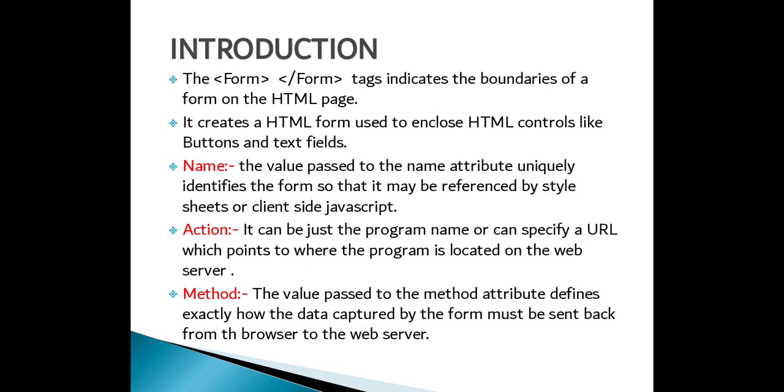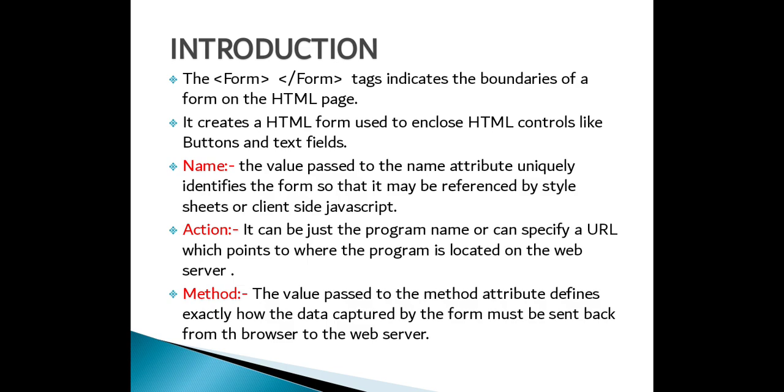Some of the attributes which can be used in forms are name, meaning the value passed to the name attribute uniquely identifies the form, so that it may be referenced by a style sheet or client-side JavaScript. In a form we can give the name to identify it by client-side or server-side users.